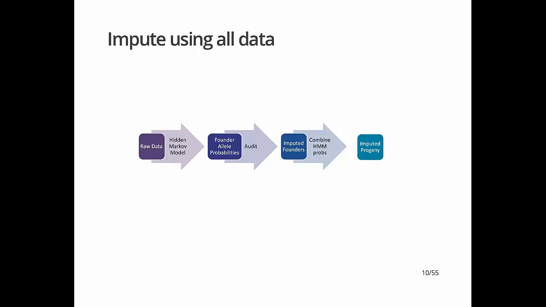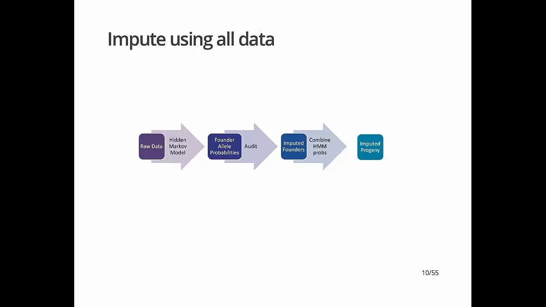We run our hidden Markov model, we get our founder probabilities out using the data, even with the missing values. And then for each of these markers, we audit the individuals that we have. So this is line 1, line 2, and so on. And we say, okay, this one, we're pretty sure it's inheriting alleles from founder A. So that may be based on the other markers.